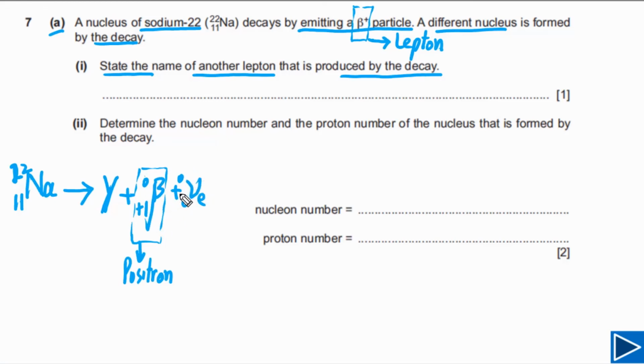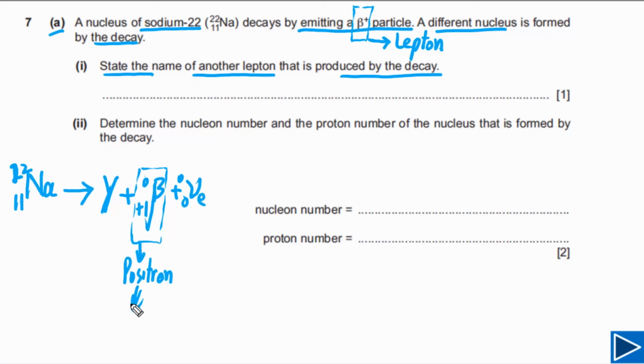So simply the reason is that if this one is a beta plus particle, this has to be an electron neutrino to conserve lepton number, and vice versa is also true. If this is a particle, meaning if this is an electron, this one has to be an electron anti-neutrino. You have to be very clear about this point because they will ask you this in many ways.